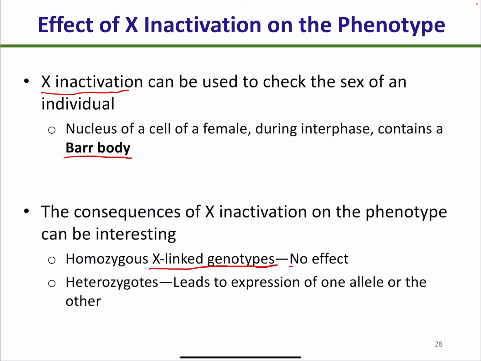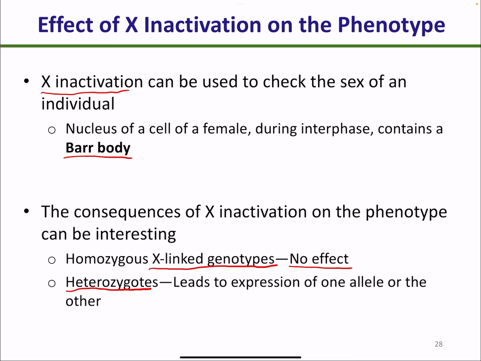But the heterozygous is going to give you a mosaic, okay? Because you have two different alleles, the phenotype at the end of the day is not going to be the same, because everything depends on which allele is being expressed and which allele is inactivated.